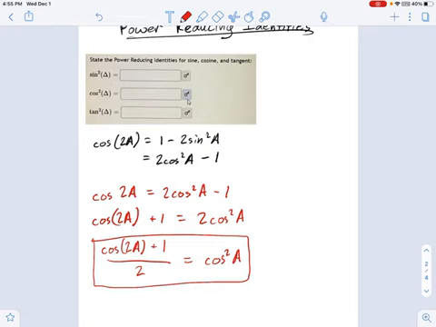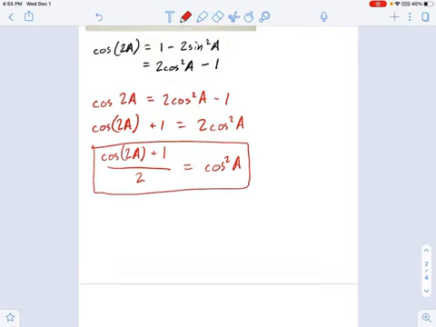But we also have a sine squared identity. If you look right here, there's a sine squared formula, and it's going to go exactly the same way as I just showed you for cosine. So let's use another color here. I'm going to say cosine of 2a equals 1 minus 2 sine squared of a. And then we're going to rearrange this a little bit.